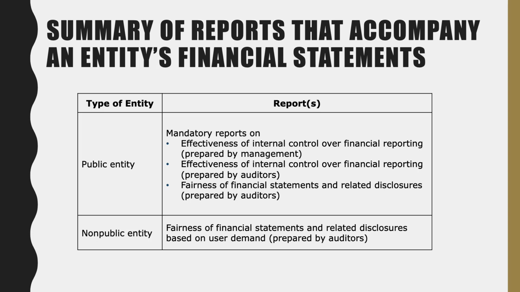The PCAOB sets specific standards for the audit of public companies to enhance the reliability and credibility of financial statements, whereas for non-issuers, audit reports adhere to generally accepted auditing standards, established by the Auditing Standards Board of the American Institute of Certified Public Accountants.